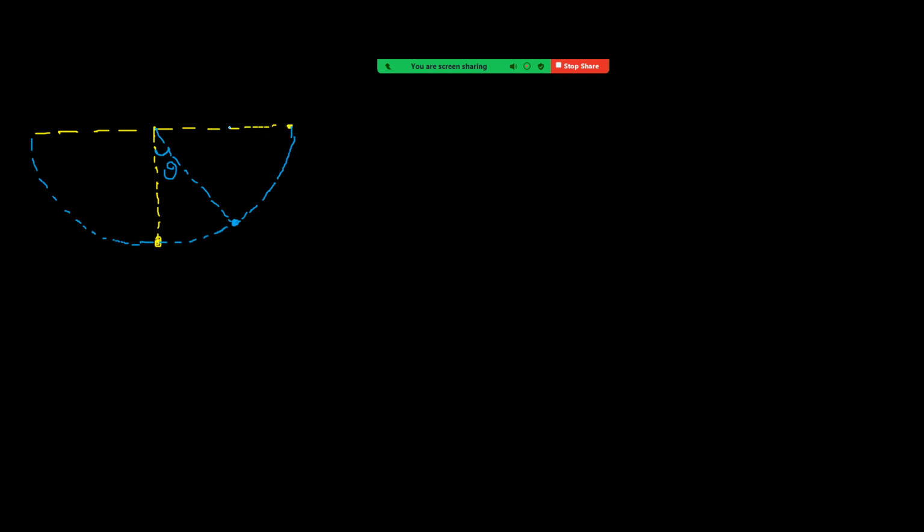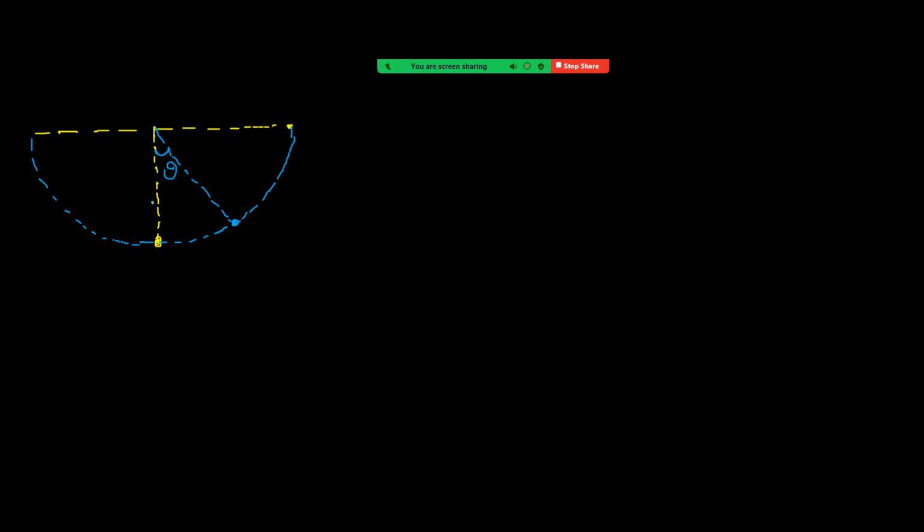That means when string becomes horizontal, net force is mg, which is downwards, so acceleration is vertically downwards. Theta equal to 90: option A matching and option B matching. These two are matching.